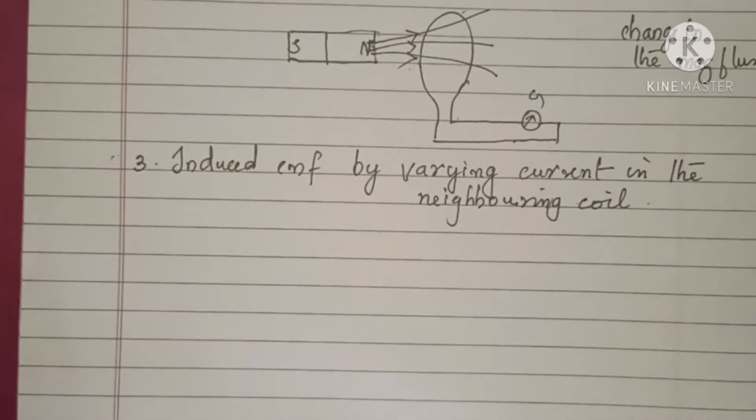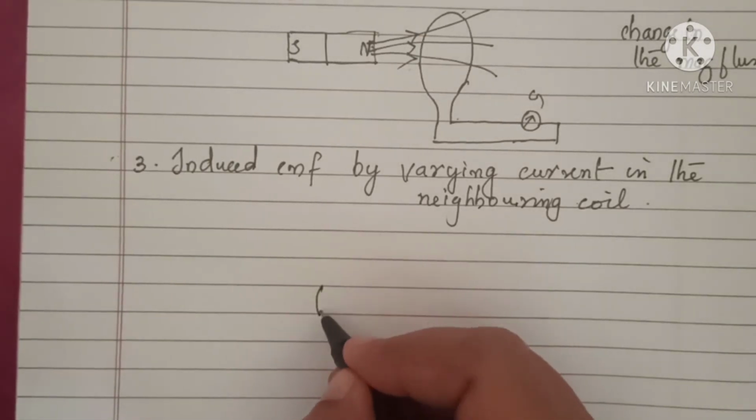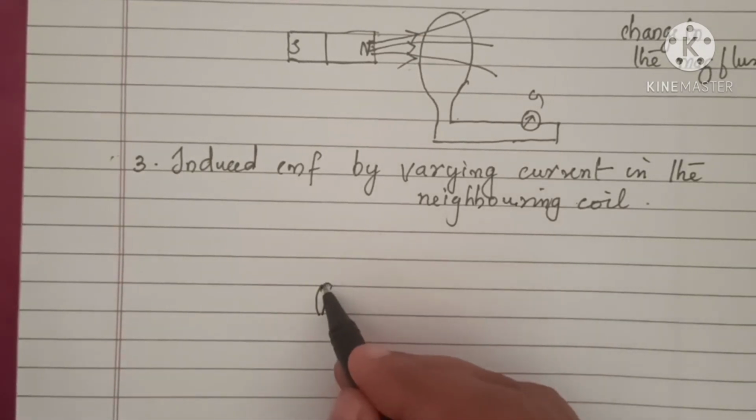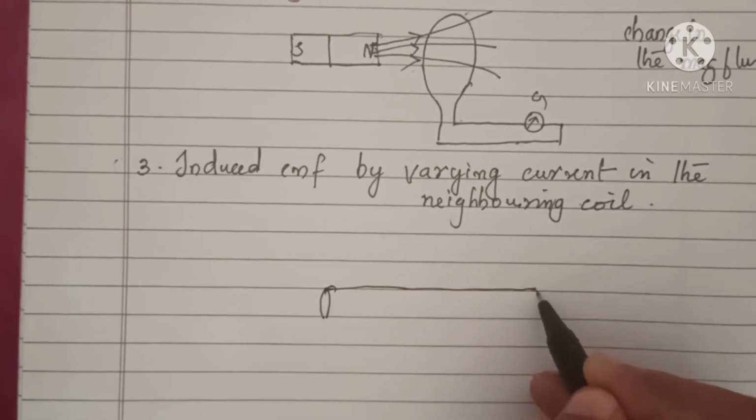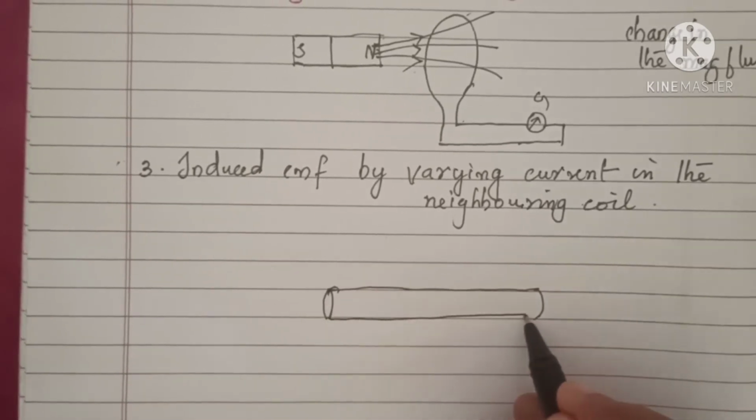For this third experiment, you can take a cylindrical support like this, on which you can wind two coils.